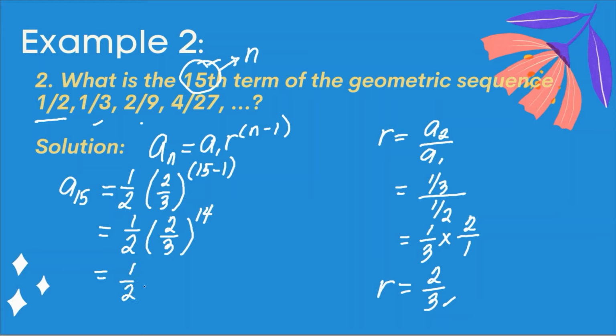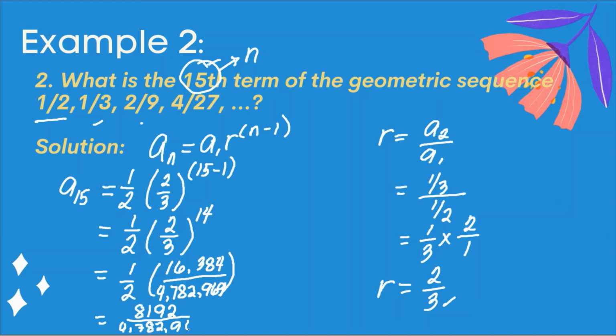So 2 to the power of 14 is 16,384 over 3 to the power of 14, which is 4,782,969, and multiplied by 1/2, the final answer is 8,192 over 4,782,969.